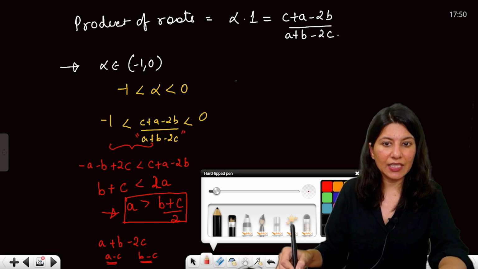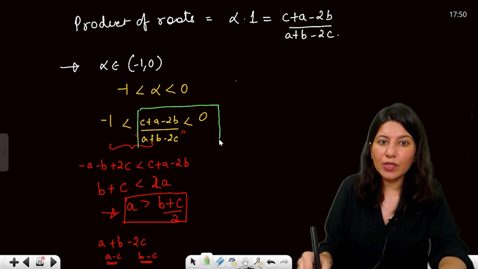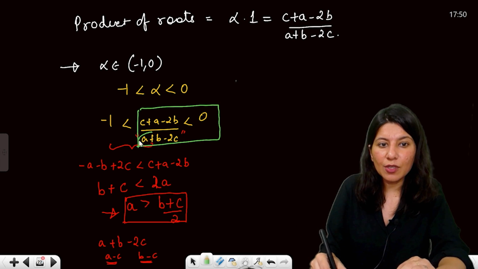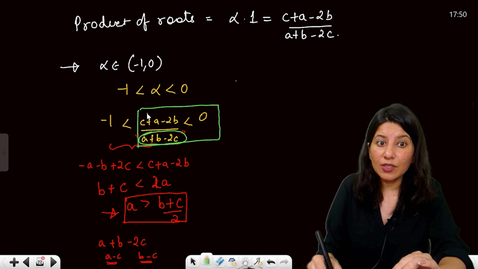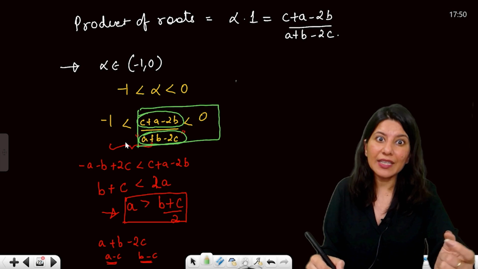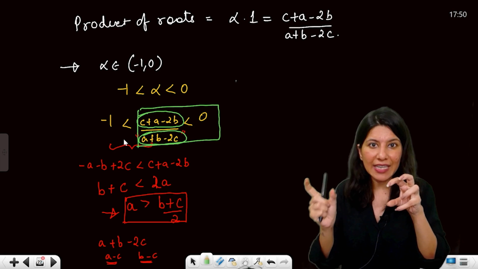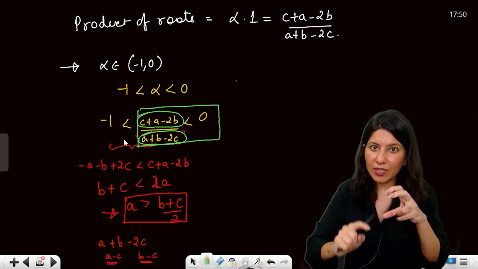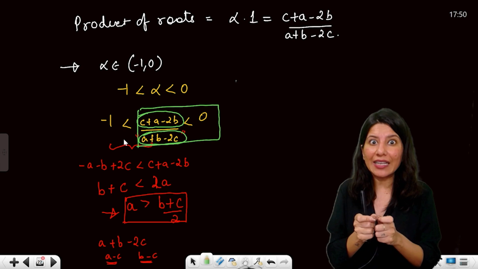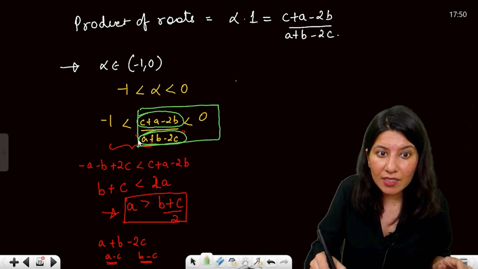What about the right inequality? Understand this nicely. Only focus on the right side. The denominator is always positive, so the numerator has to be negative. Why? Because if you look at the right hand side, the whole expression is negative. Numerator upon denominator is negative, and we know that this denominator is positive.